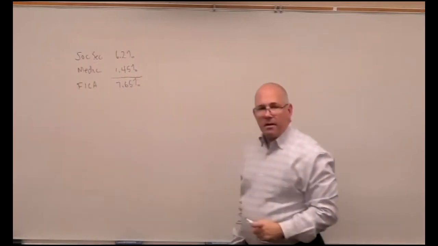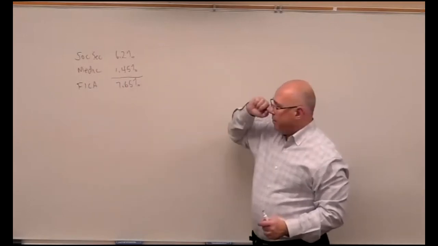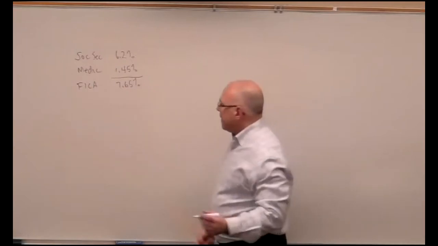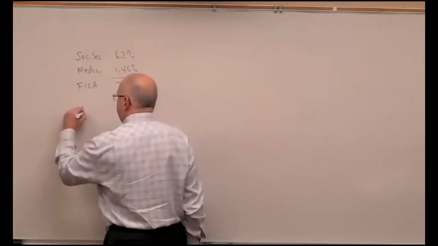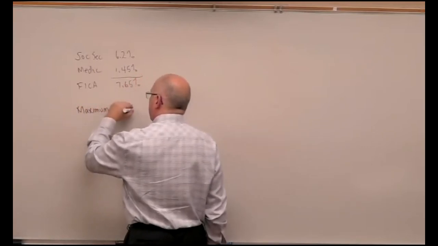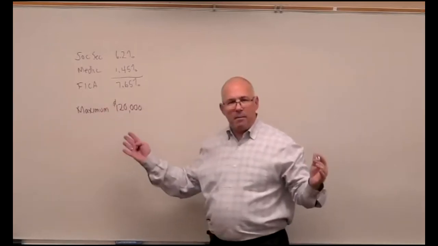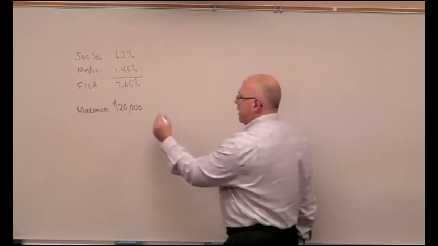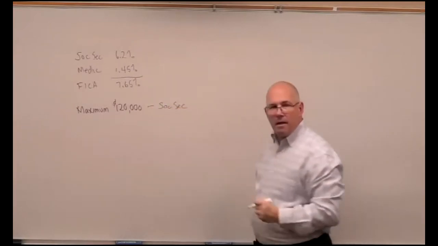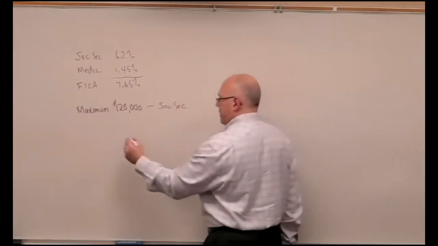We have Social Security and Medicare, 6.2 and 1.45, totaling FICA of 7.65. Let's say the maximum is 120,000, just a round number that only applies to Social Security. Say one person made 500,000.